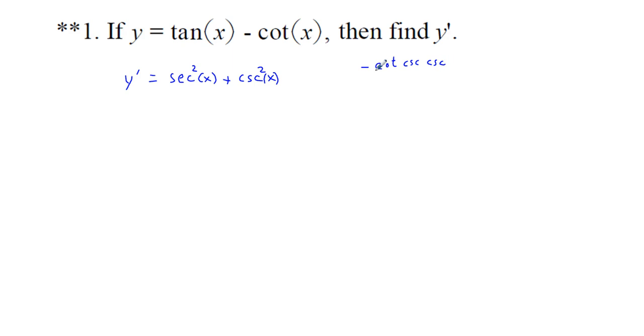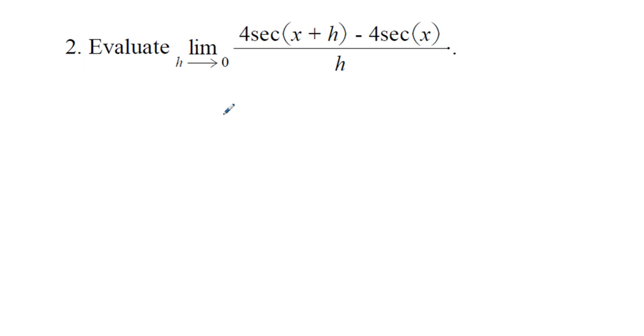If we want to find the derivative of cotangent, we have negative cosecant squared, and the negative here becomes positive, so this would be our y prime expression.